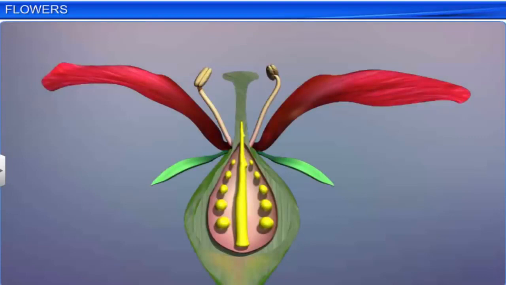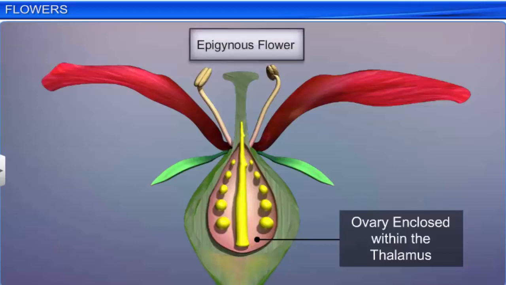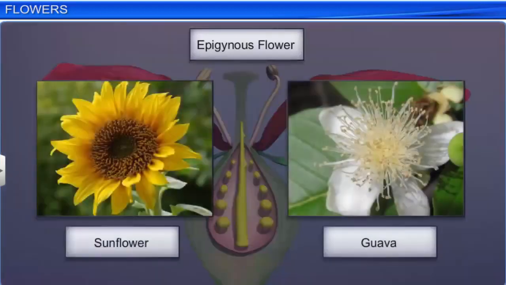However, in some flowers, the ovary is completely enclosed within the thalamus and is fused within it, while all the other parts appear above the ovary. Such flowers are called epigynous, and their ovary is said to be inferior. Sunflower and guava are epigynous flowers.